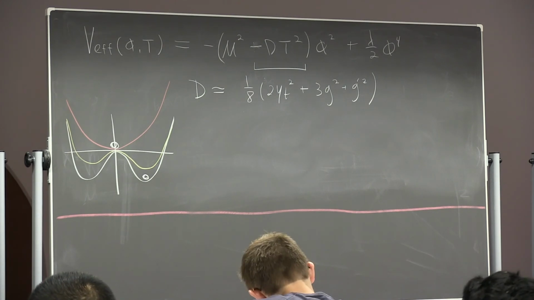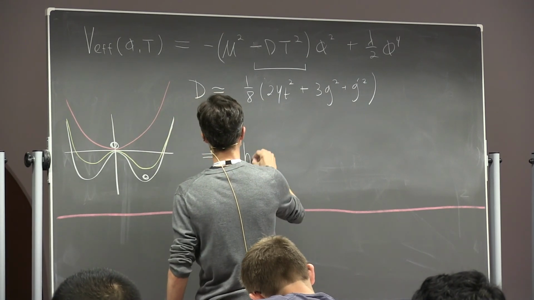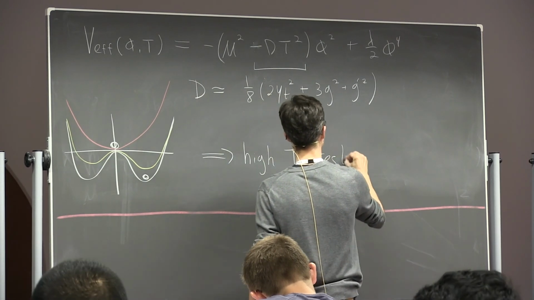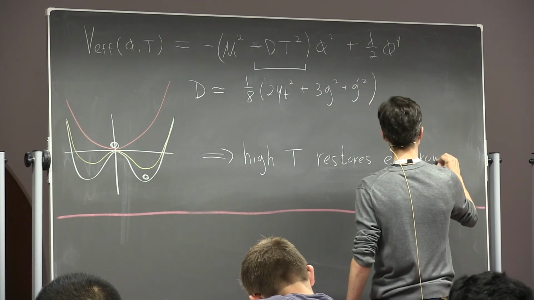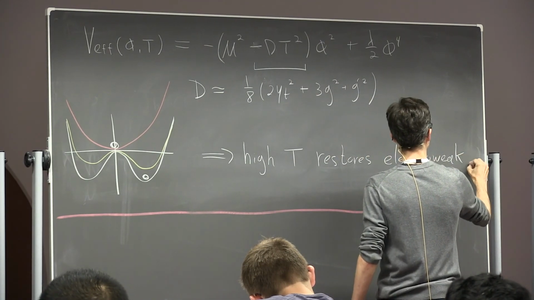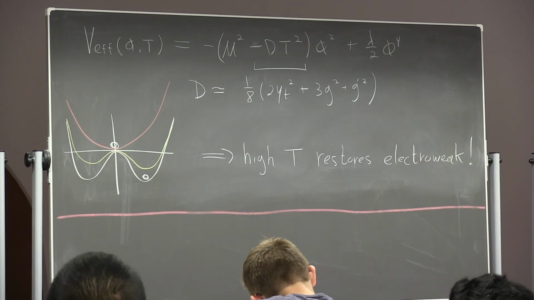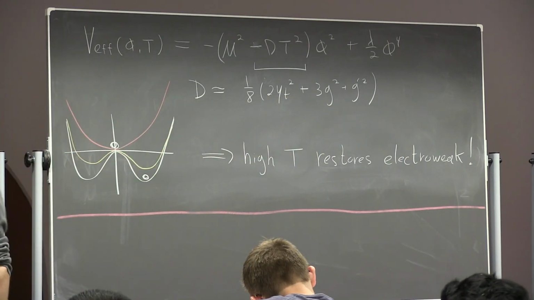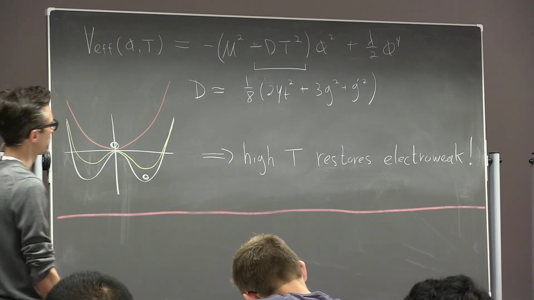The thing I want to point out here is a neat thing about thermal corrections. The so-called electroweak symmetry, which, okay, it's not actually a symmetry, but let's not get into that, the whole SU(2) cross U(1) invariance, which is at least hidden at low energies, so quote unquote broken, is restored at sufficiently high temperatures.